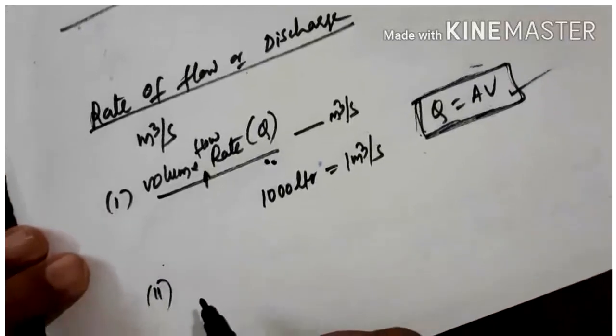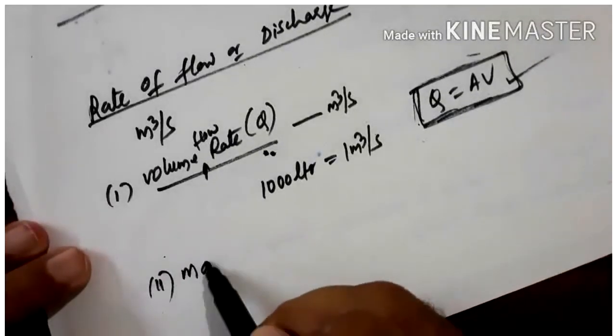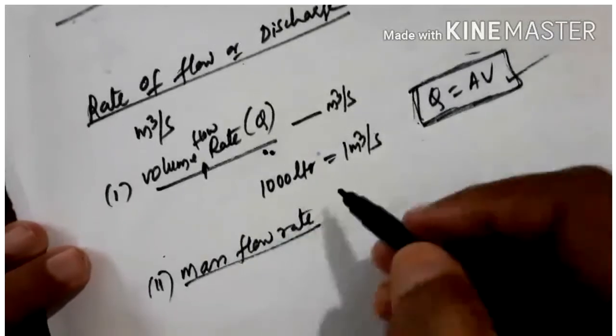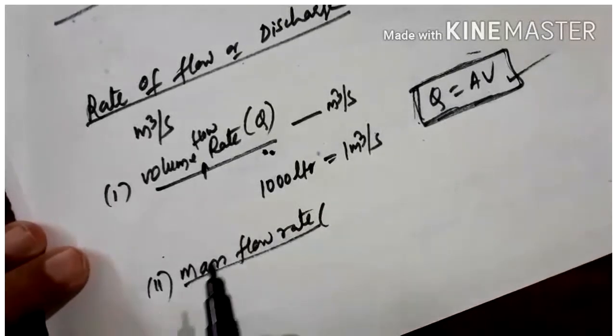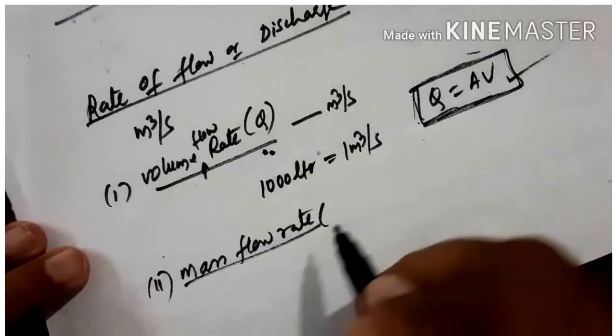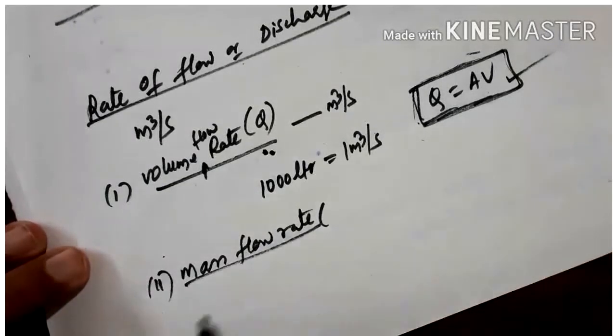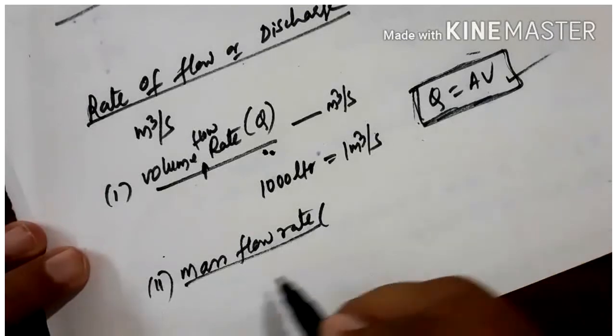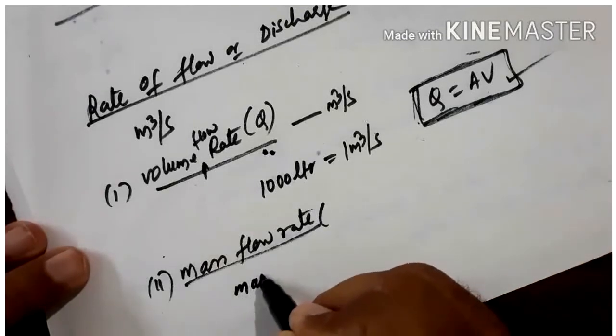The second parameter is the mass flow rate. It is the mass of fluid flowing across the section in unit time, mass per second.